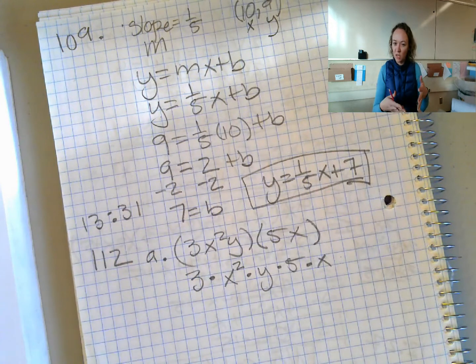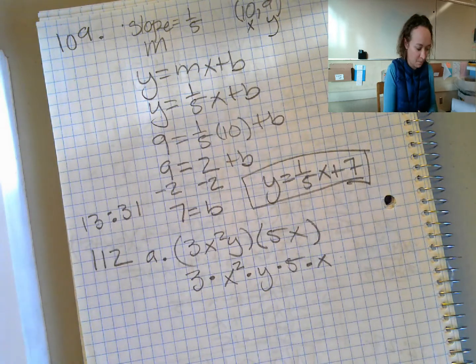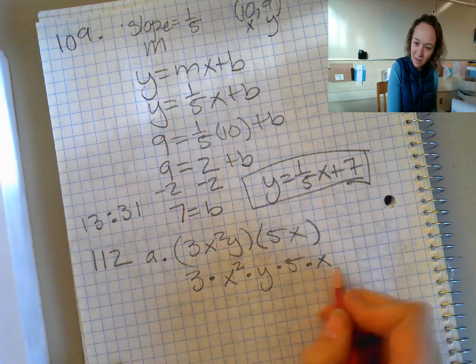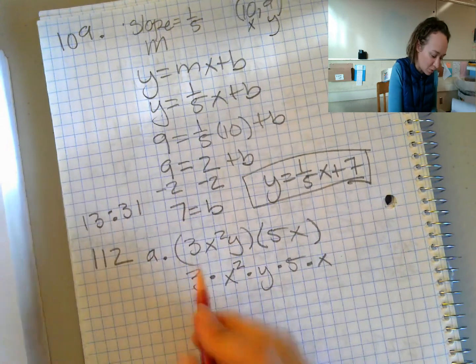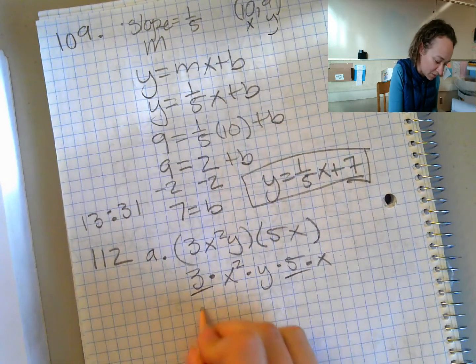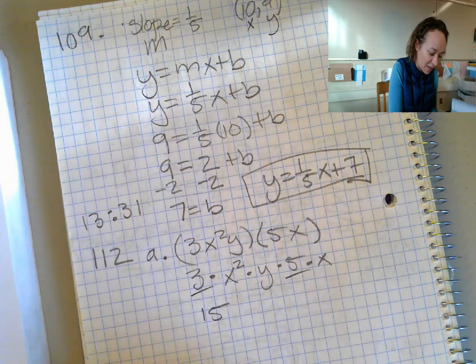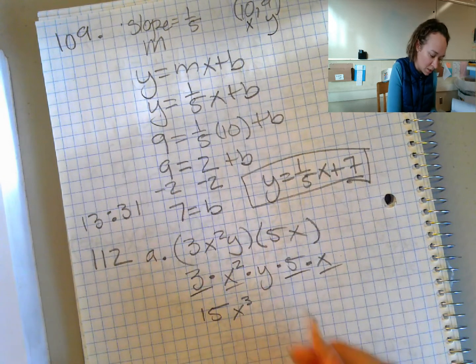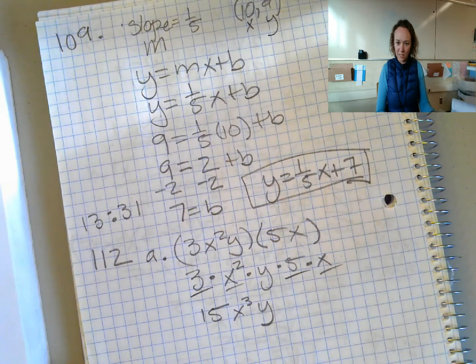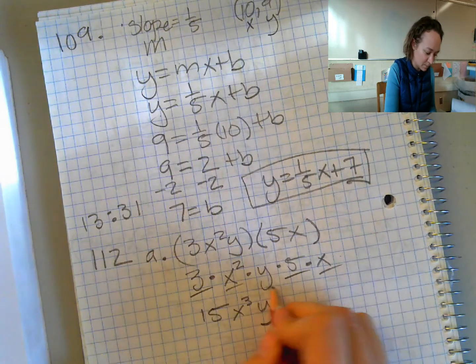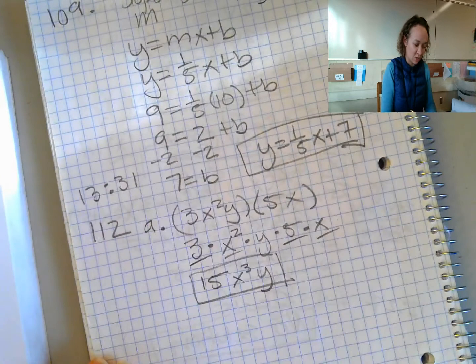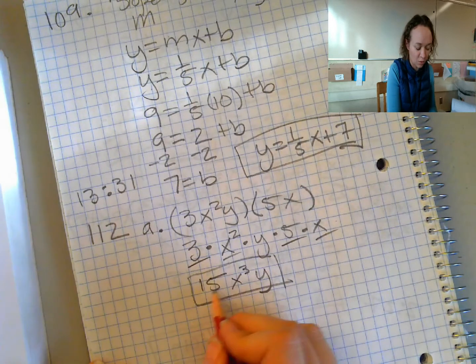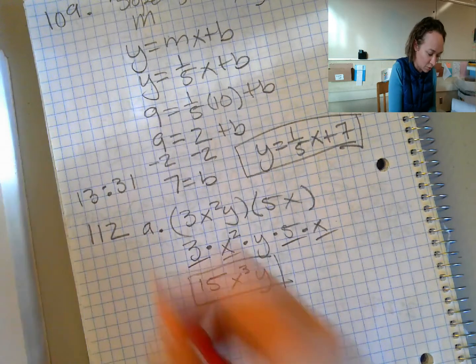Just change the way it looks, even though we haven't really done anything here. All right, so then I'm going to combine the like stuff. So 3 times 5 gives me 15, and x squared times x would give me x cubed, and then the y stands alone. 15x cubed y, or 15y x cubed if you wanted to put it in that order.